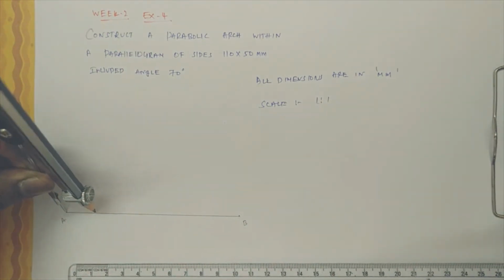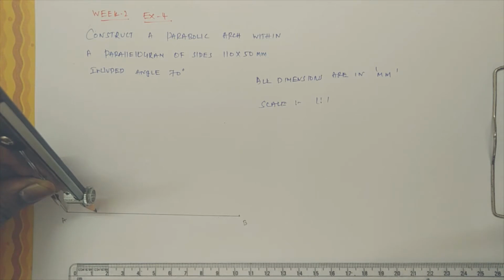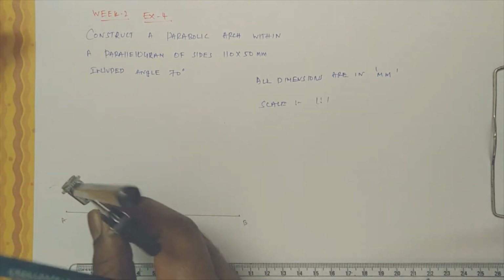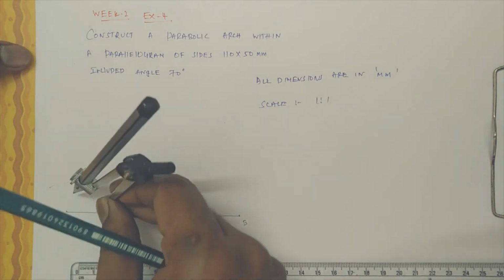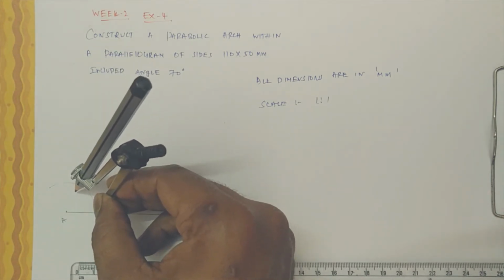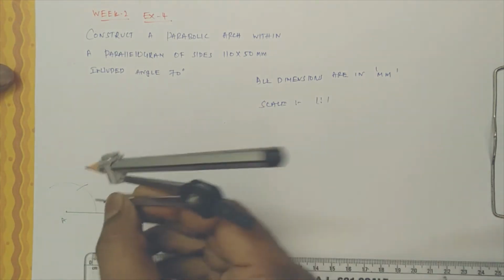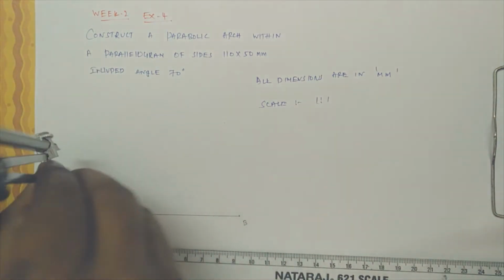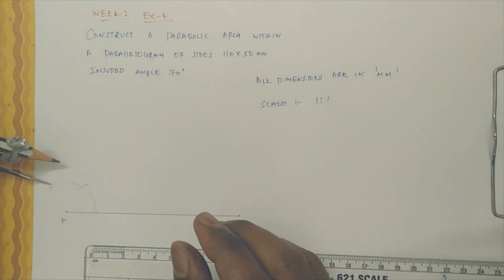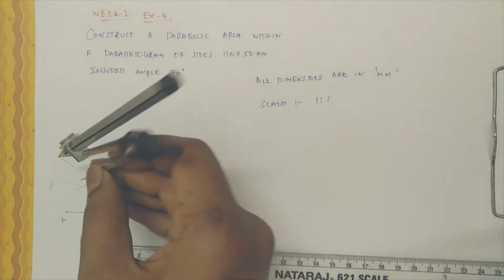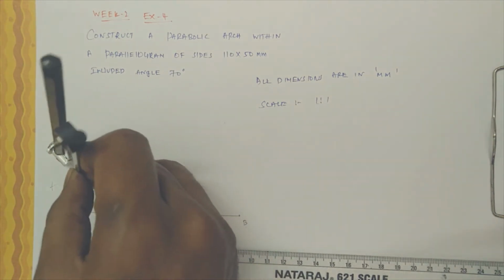You just take any length, any distance, and make a simple arc, and you keep that point of intersection from AB as the center. Make one arc again, shift the center point and intersect that arc, and again keep this as a center and make one arc.